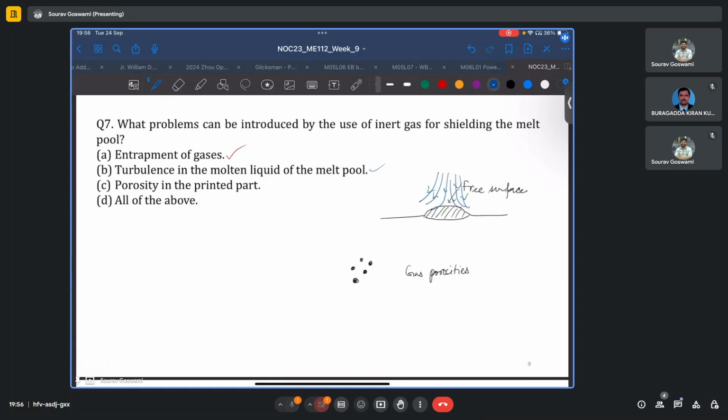The second class of porosities are your elongated type with irregular morphologies, and these are your process-induced porosities, such as lack of fusion porosities. The first kind may be enhanced by the entrapment of inert gases into the melt pool as well. So an excessive volume of gas interacting with the molten liquid may lead to porosity as well. So all of the above are true.